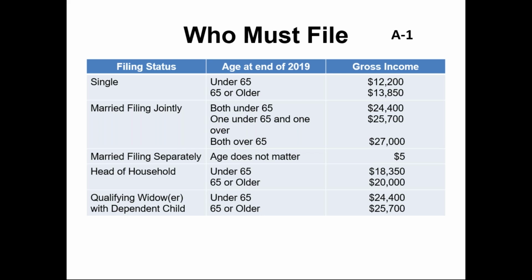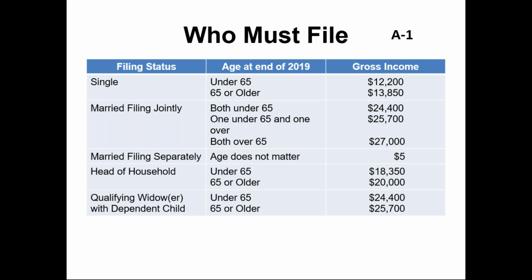The one thing to keep in mind, if someone's married filing separately, age doesn't matter. And the threshold for that filing status is relatively low, $5. So if they've made $5 somewhere throughout the year and they're filing separately, we may need to take a look and see whether or not they're required to file an income tax return.